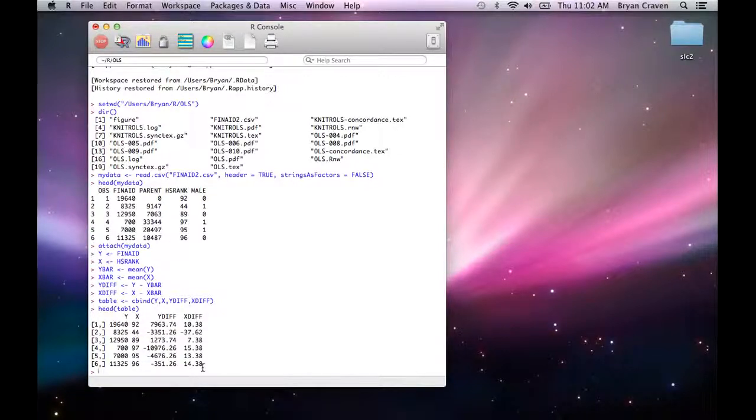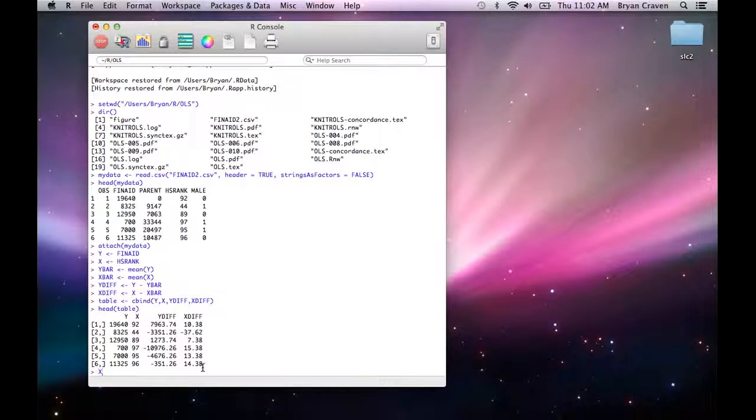Just to give you an idea as we move along and do intermediate calculations, you can add these vectors to this table if you want. It's not required, but I was just trying to give you an idea of what this looked like as we move along. So next we need to calculate the quantity x minus x bar squared and name it xdiffsq, for square.